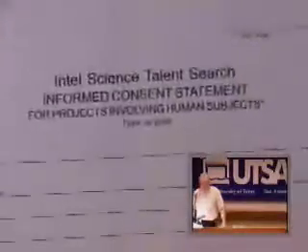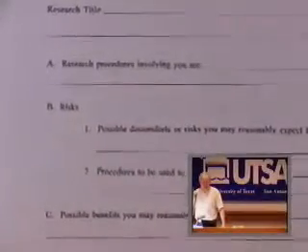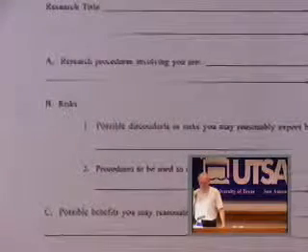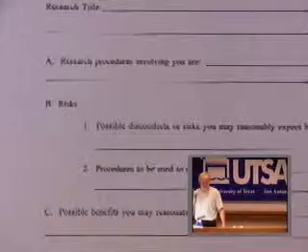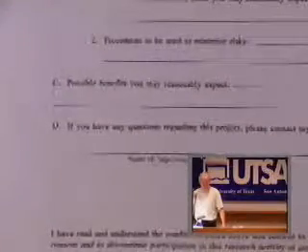Here is an informed consent form, so the student researcher's name, high school, the research title, research procedures involving you, because you're providing this to the research subjects, to accrue subjects, risks, possible discomfort, and so forth, procedures to be used to minimize risk, possible benefits you may reasonably expect.